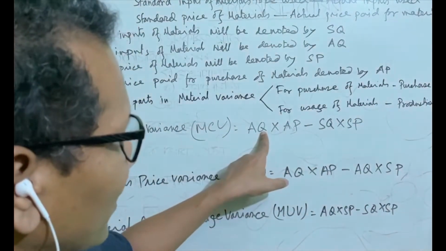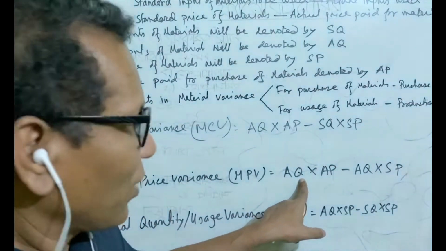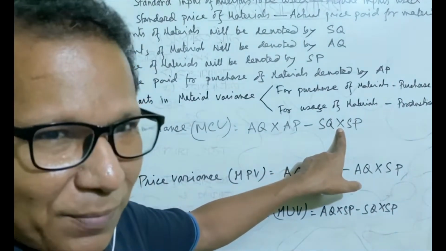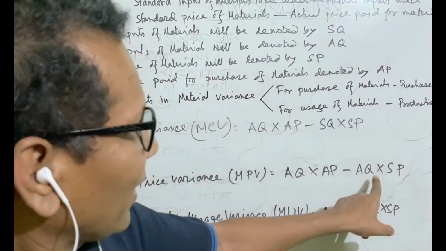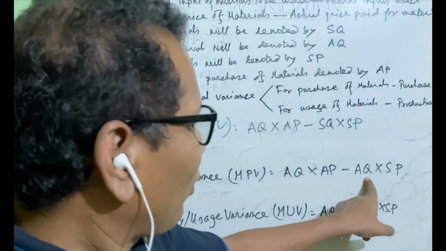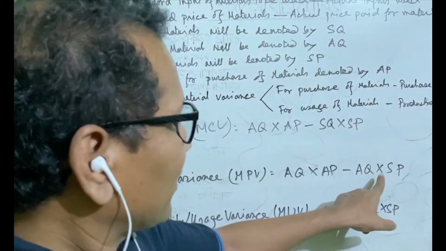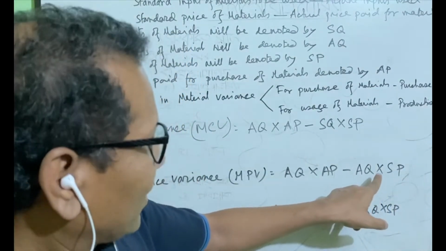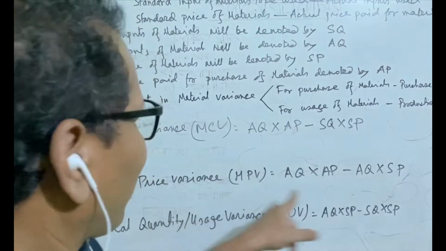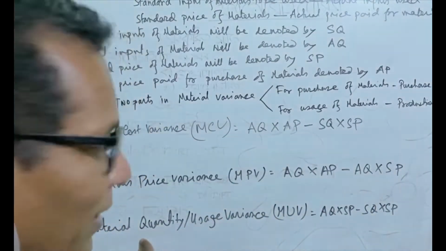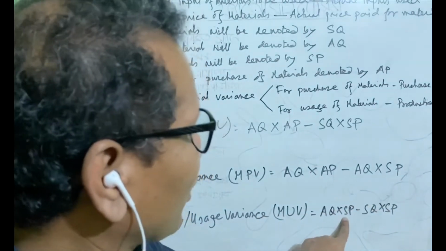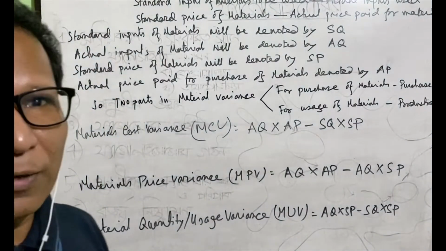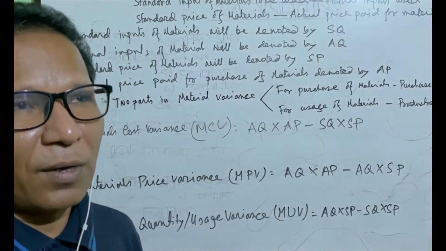Here is the first part, here it is used, and here is the last part, used in material quantity variance, and this is added, actual quantity into SP. This is used at the end of the price variance and at the beginning of the usage variance, AQ into SP, AQ into SP.